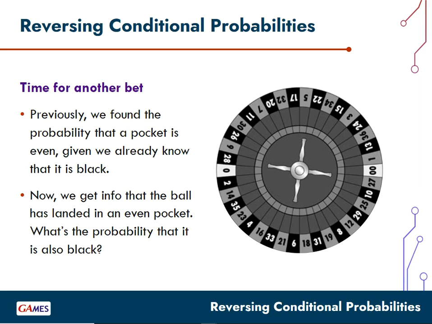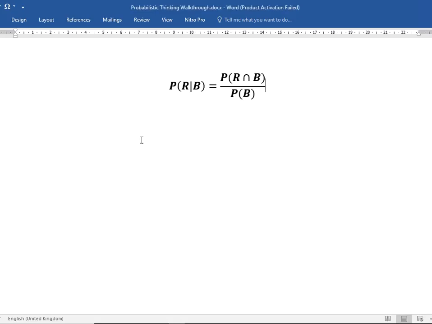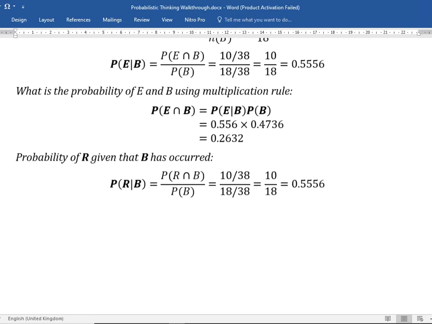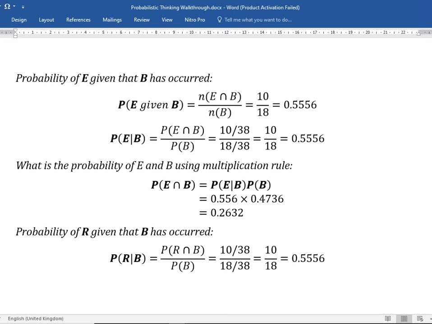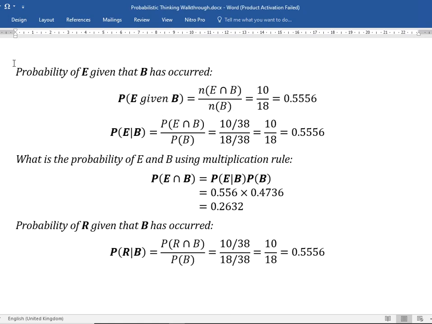So we've calculated the conditional probability of the event even occurring given that black has occurred. I think we did that in this walkthrough here. We calculated the probability of E given that B has occurred, and we got 0.556. Now, of course, we also checked the probability of R given that B has occurred.